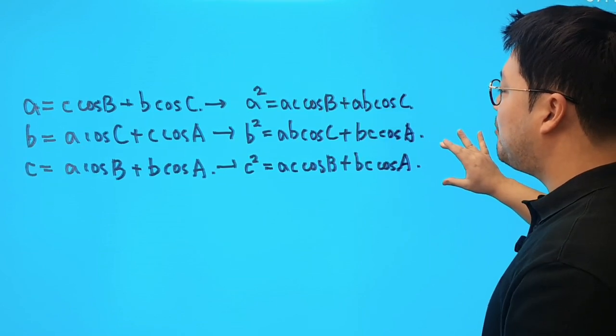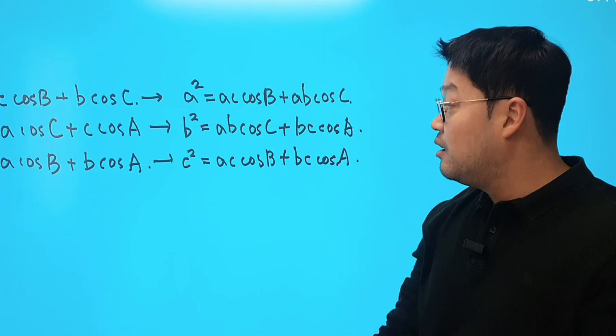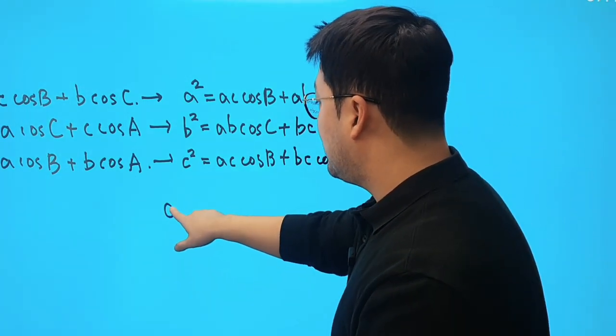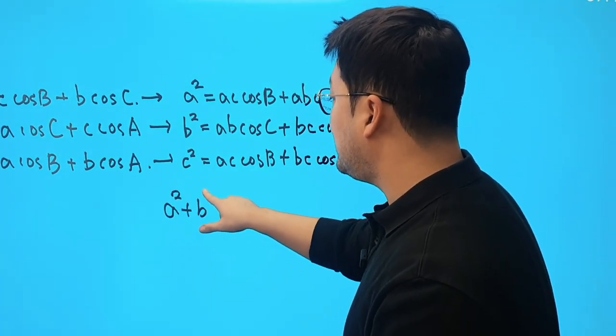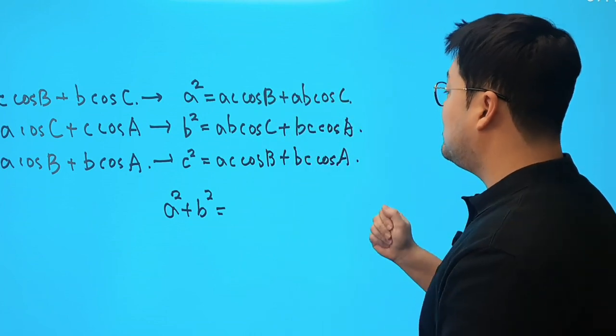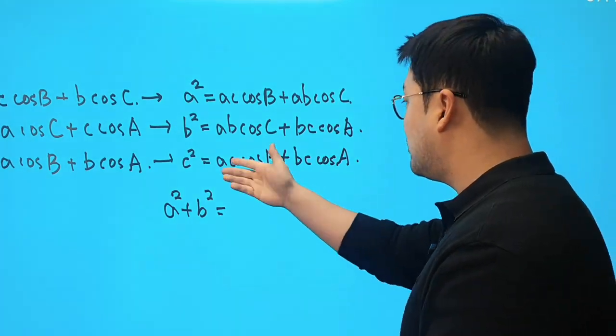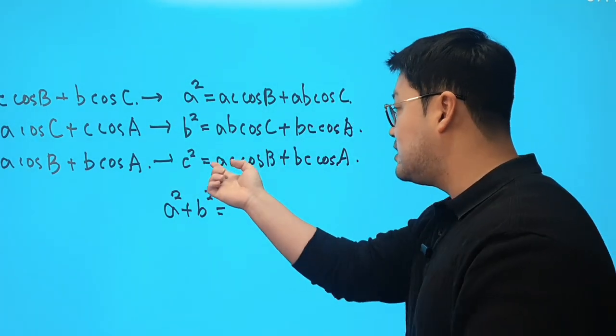All right, so let's see what happens. Just like vertically, if you're adding a squared and b squared, what am I having? Well, a squared plus b squared just equals ac cosine B, and there's ab cosine C, ab cosine C, and bc cosine A. And I would like to think about some kind of relationship with c squared.